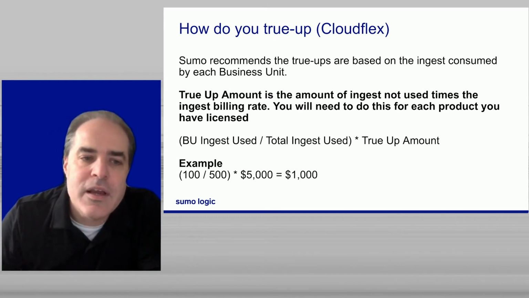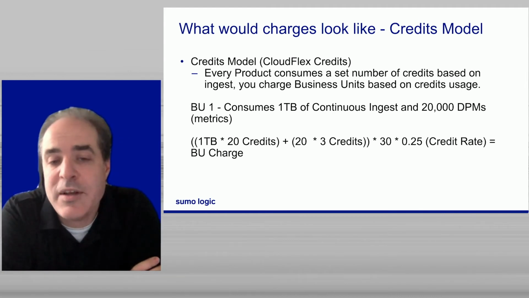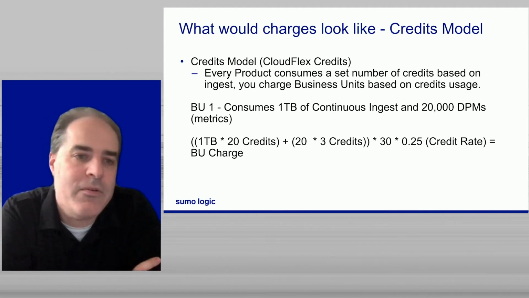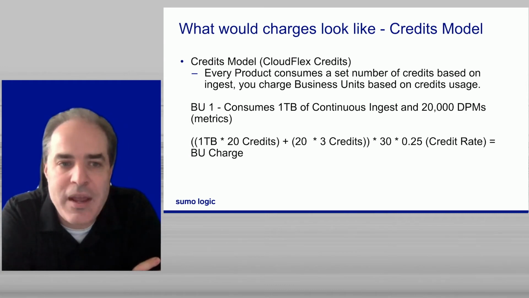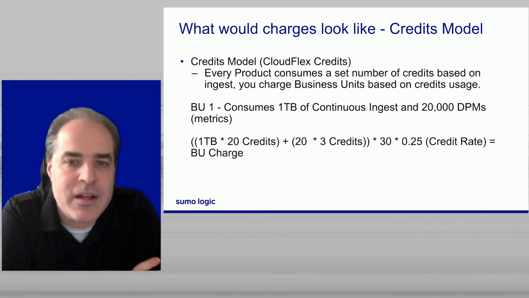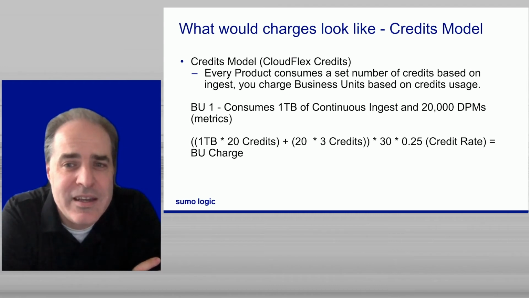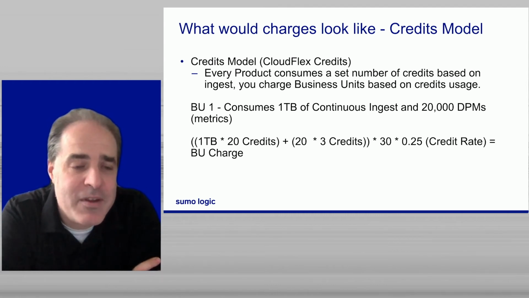Cloudflex credits is our new licensing methodology, which assigns a unit of measure, or a bank account, to everything that you do, meaning that when you consume ingest, you pay in credits. When you consume data points per minute, you consume in credits. So you've got this big bank account that you decrement, which makes it really easy for chargeback because everything just has a credit rate.